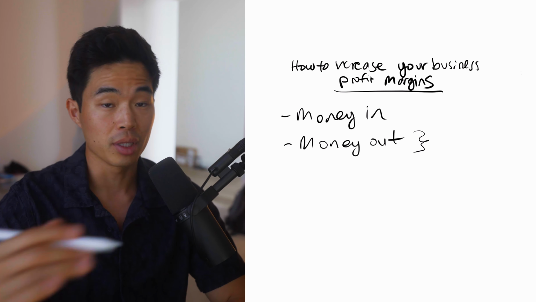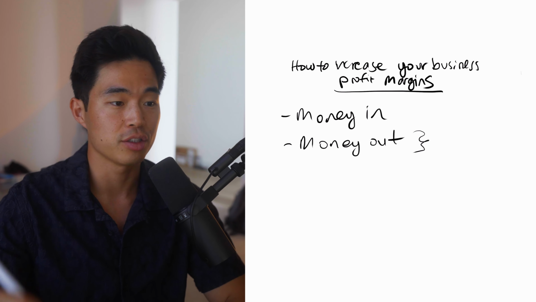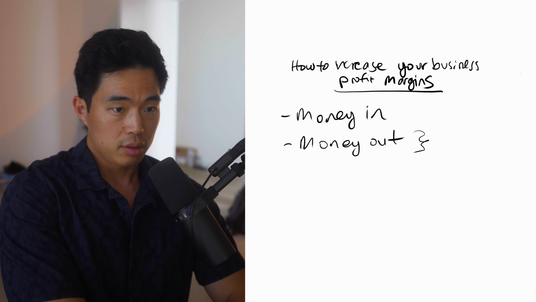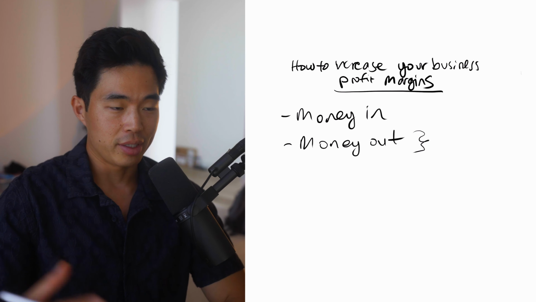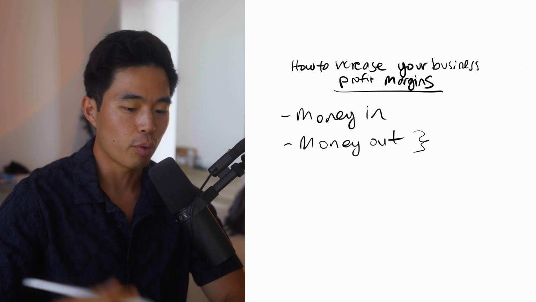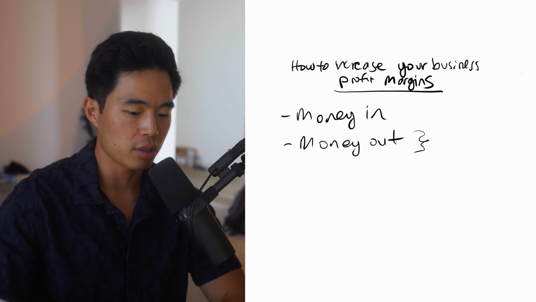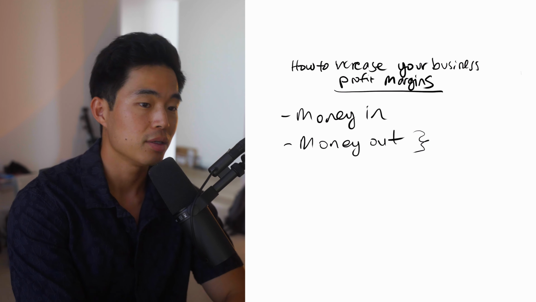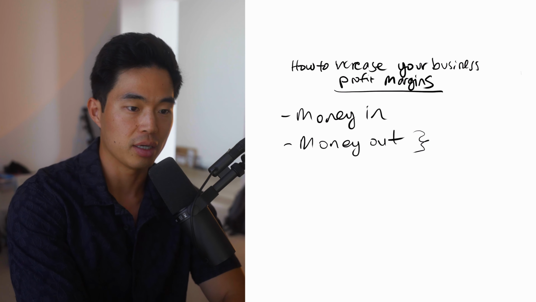For money out, there's a lot of different tweaks you can make, and we'll for sure talk about those. The whole goal is to increase the money in and decrease the money out at the same time, or at least have the expenditures grow slower than the money coming in, because that would mean a positive delta on the ROI.